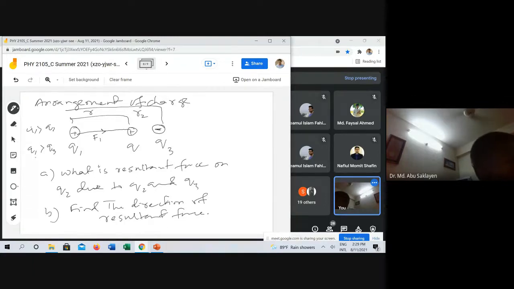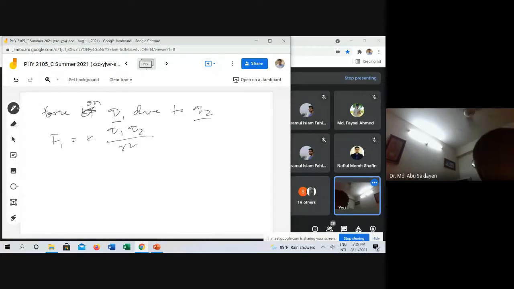You can use this now, and later we will come back to it. Is it okay? So F1 is along the positive x-axis.